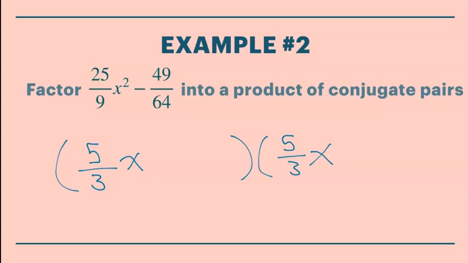The second term is going to be the square root of the second term here. So the square root of 49 is 7. Square root of 64 is 8. So my second term in both factors is going to be 7/8. And then one is plus and one is minus. So my conjugate pair here is 5/3 x plus 7/8 and 5/3 x minus 7/8.